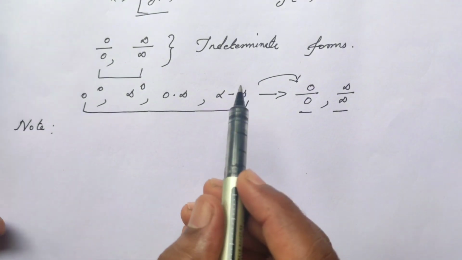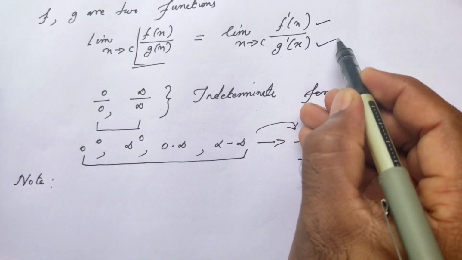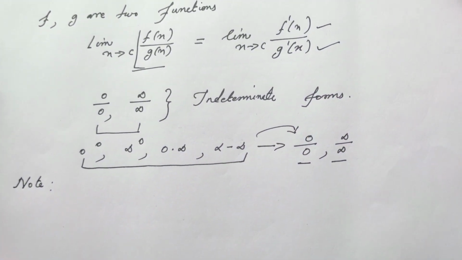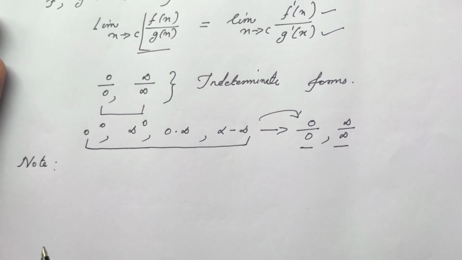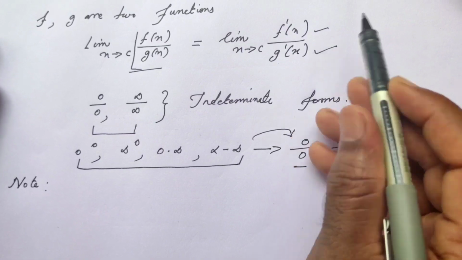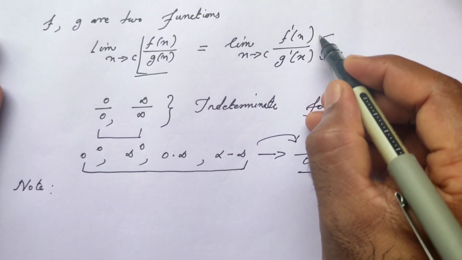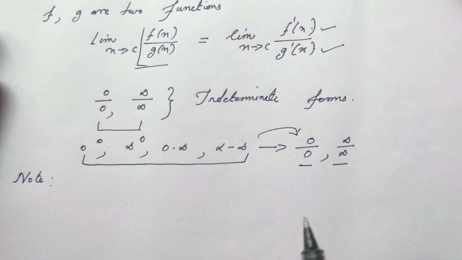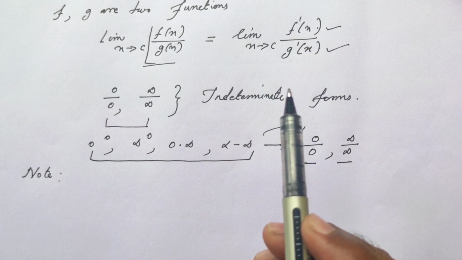And it should be noted that here we are finding the differentiation of the numerator and denominator, and it should not be confused with the quotient rule for derivatives. That is, here we find the derivative of f of x and g of x separately, and not applying the quotient rule for derivatives.